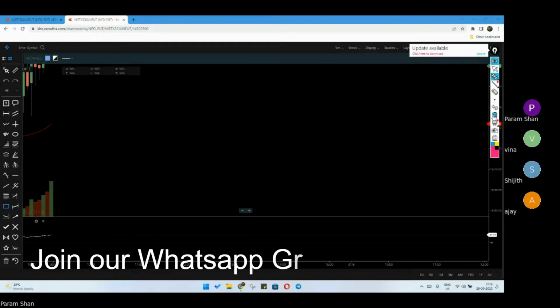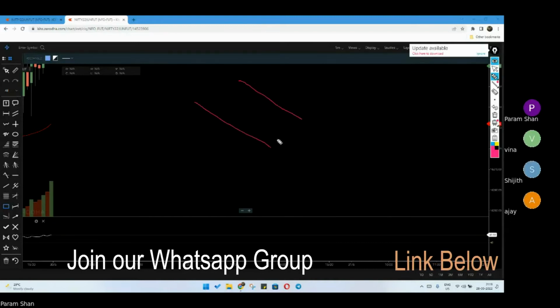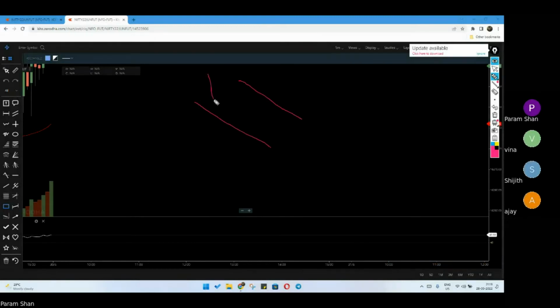The support and resistance can be identified by these trend lines also. So if a stock is on a downtrend, then this trend line will act as a resistance and this will act as a support. If the stock is on an uptrend, then this trend line will act as a resistance and this will act as a support. It means whenever a stock is moving from here, it will touch here again.